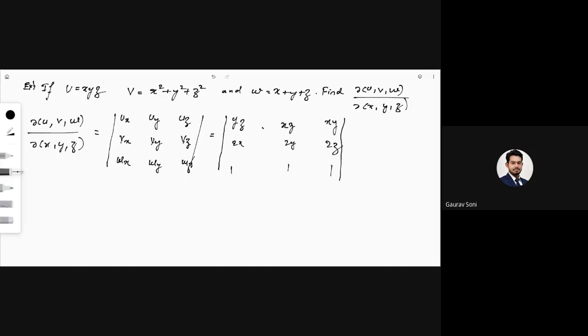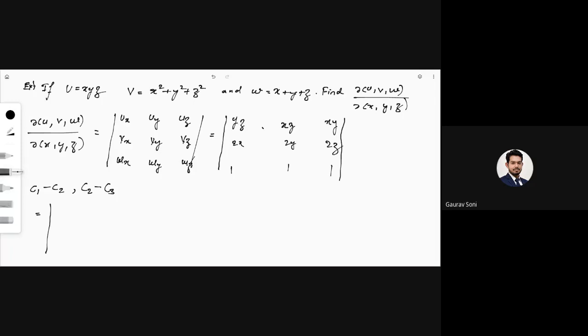So C1 minus C2, and for the second and third, x is common, so C2 minus C3. We know that addition and subtraction don't change the determinant, and that is why I can do these calculations.